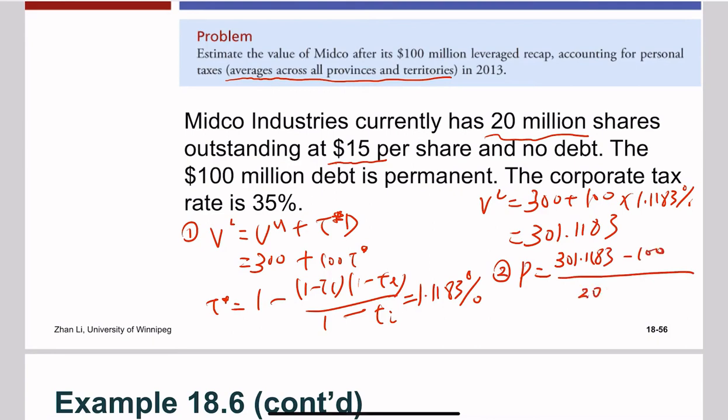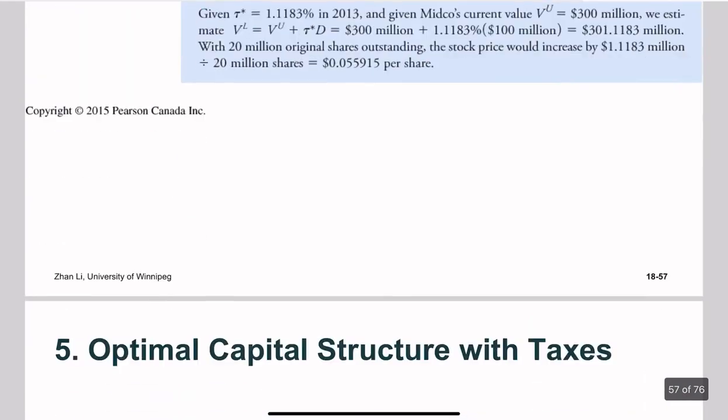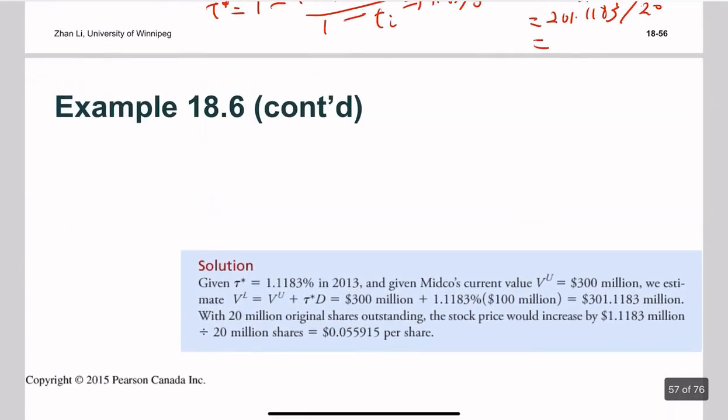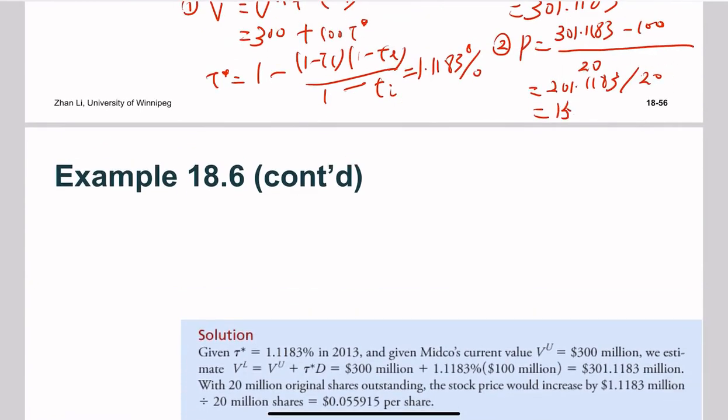Note that the total value of equity is given by the value of firm after leverage recap minus the amount of debt. So this gives us a number of 15.055915.